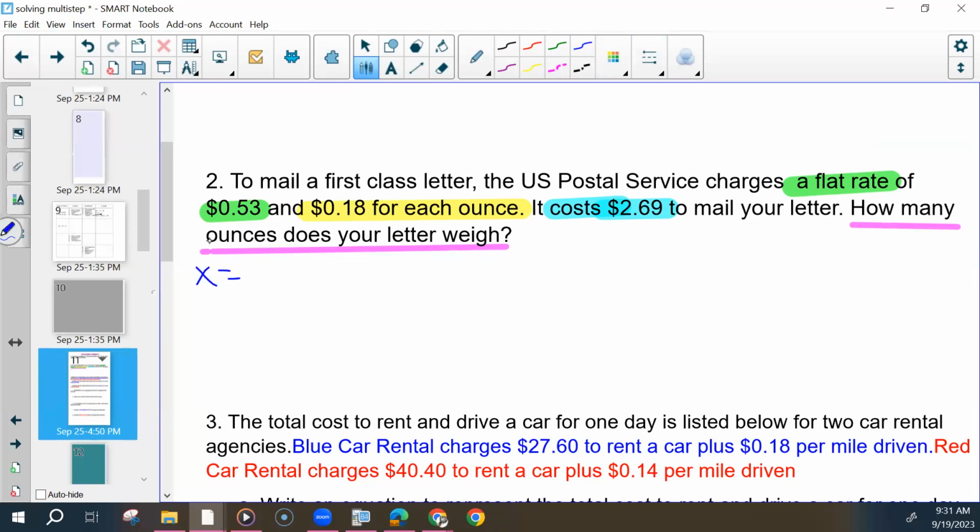So X in this case is going to represent what? Ounces, not these numbers because those are things you know. How many ounces? And we have to be very specific here. We can't just put ounces. We need to put what we don't know about that. So number of ounces, or you can put the weight.